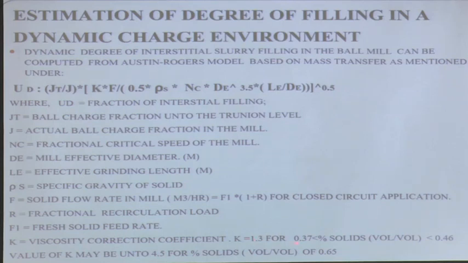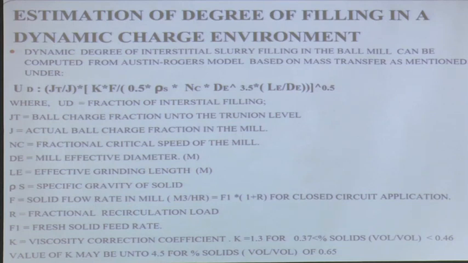K equal to 1.3 for solids less than 37% volume by volume. So, if the solids stay between 37 to 46, which is normally the range for milling, then this is the value of the viscosity correction coefficient.